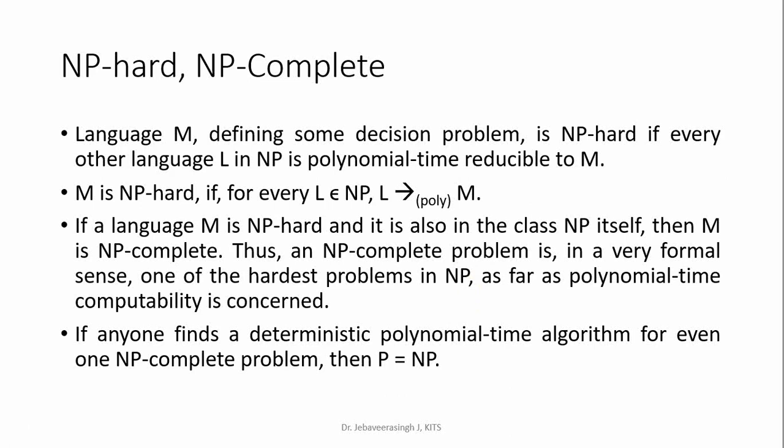If anyone finds a deterministic polynomial time algorithm for even one NP complete problem, then P will be NP. All the NP problems will become polynomially computable problems. That is, if one NP complete problem can be solved in polynomial time, then P will become NP. So that's all about NP hard and NP complete problems.